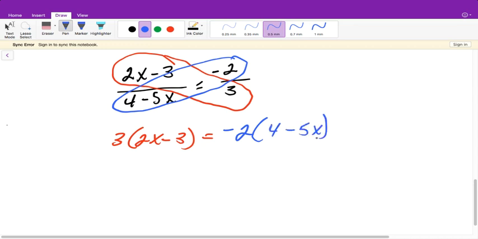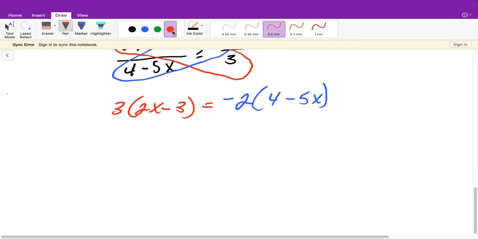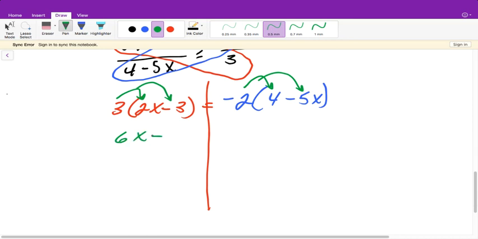And if you notice, this looks almost identical to the question that we were just solving. So now it breaks it down into a linear equation for us. So we draw our line, and we're going to go ahead and simplify. So we're going to distribute these numbers in. So we get 6x minus 9 is equal to negative 8 plus 10x.